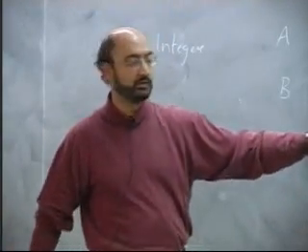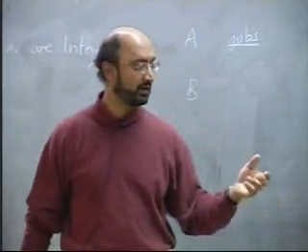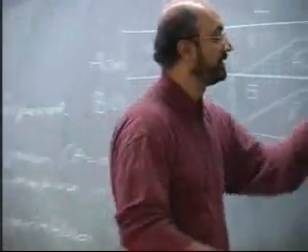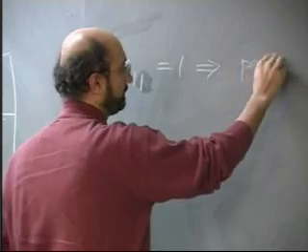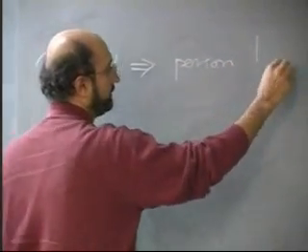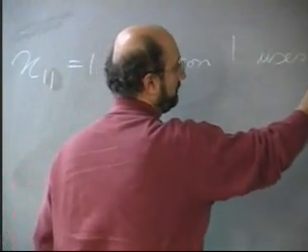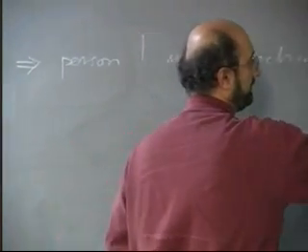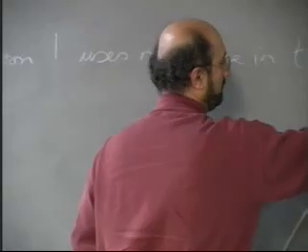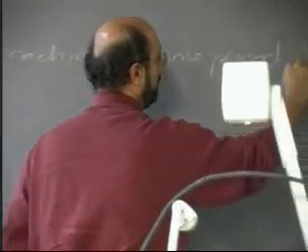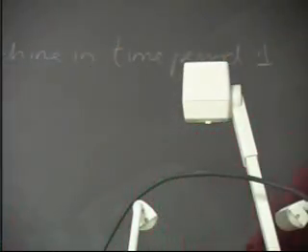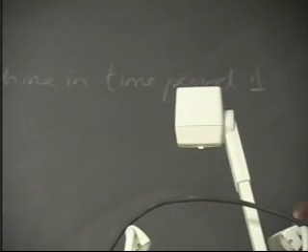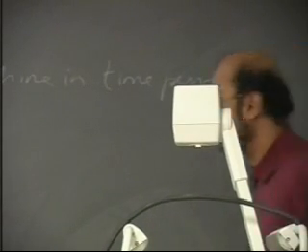And so we quite often get ILPs with 0s and 1s in them. At any rate, x11 equals 1 implies person 1 uses the machine in time period 1. Okay. So that's the meaning of that.